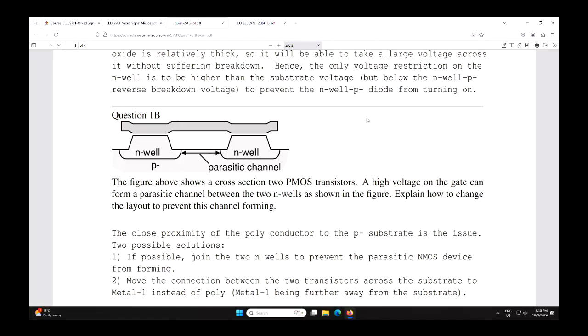I think you mentioned in week 1 we have a voltage stop implementation. How can we use it? Well, the voltage stop implant is going to be part of the process. So it's not something you can do in the layout.